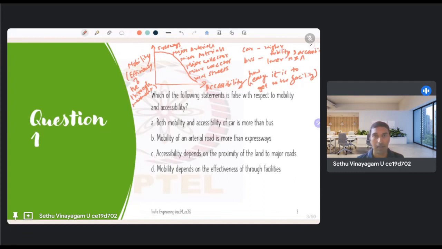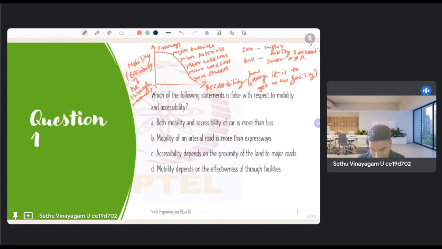Similarly, the mobility will also be lower because buses are typically slower moving than cars, and you'll also have to stop at multiple stops in the middle before you get to your destination, right? So it will take longer to reach your destination. So that's how there's variability with respect to modes as well as with facilities.